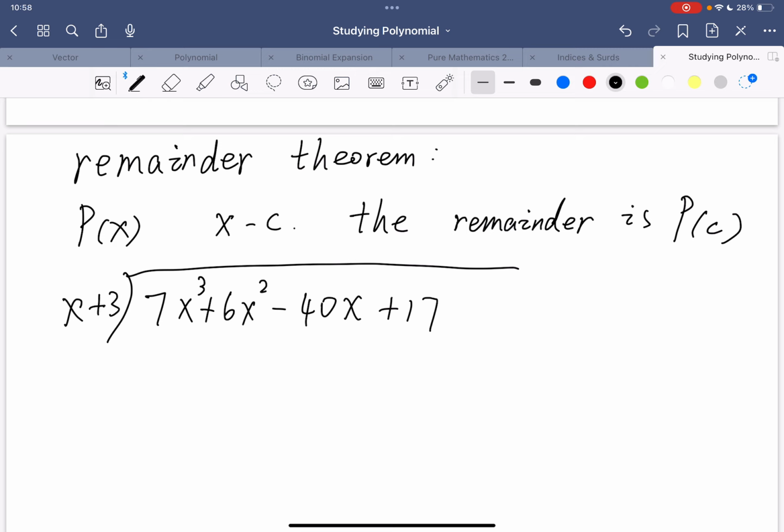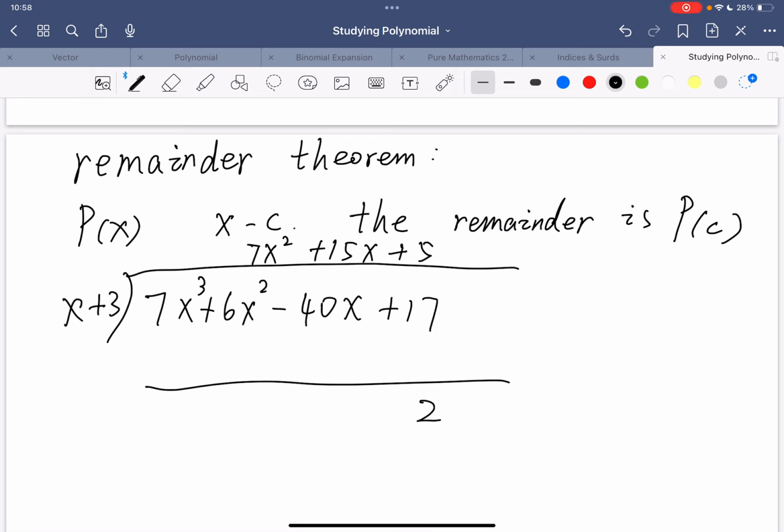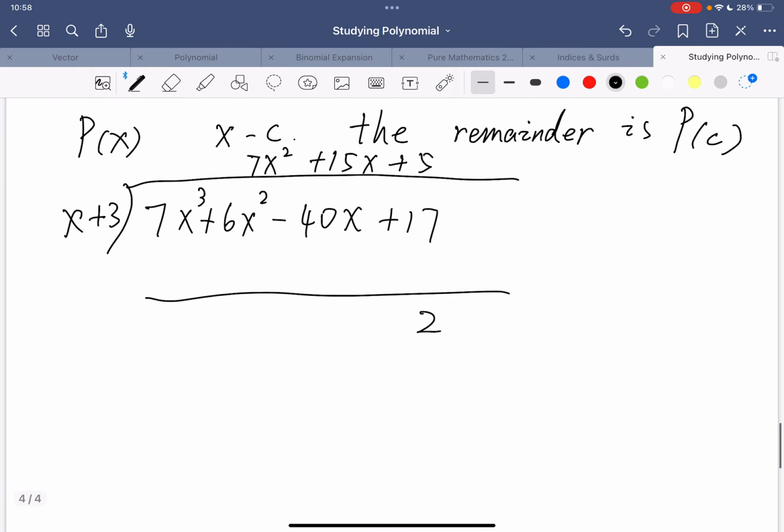And the quotient, okay, the quotient would be this, but it's not exactly divisible. So here is a remainder. The remainder equals 2. I'll just tell you the final answer. The remainder equals 2.